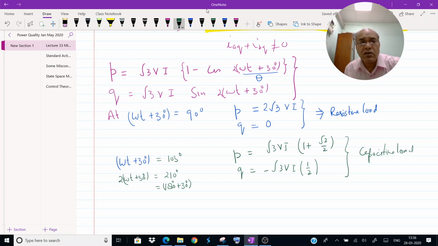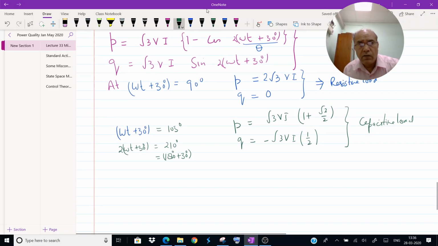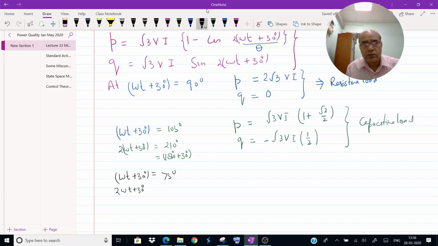And similarly, take the third case where we say that omega t plus 30 degree equal to, let us say, 75 degree. So 2 omega t plus 30 becomes how much? 150 degree, which is 90 plus 60.